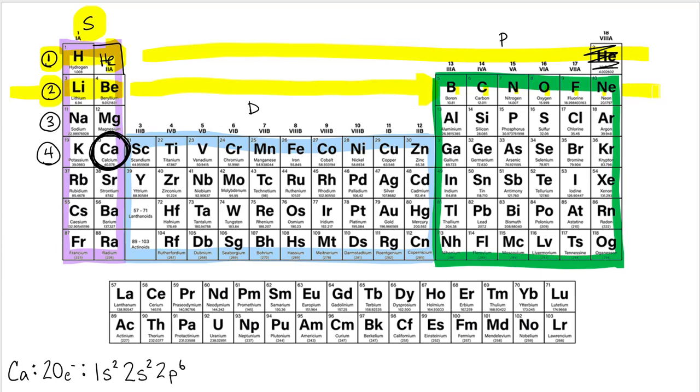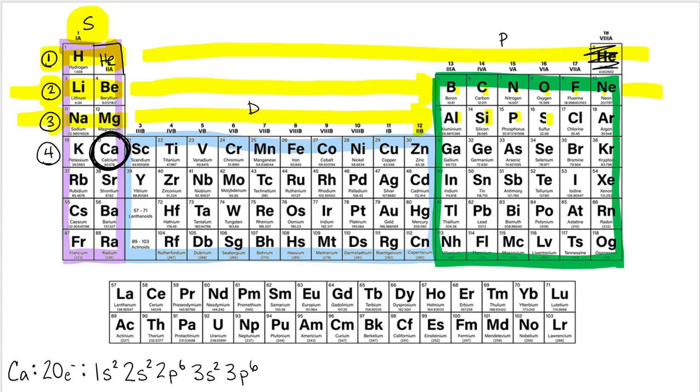Got to keep going. Come down here. This is period 3. 3s2 gets me to magnesium. Keep on trucking. I run into aluminum, which is in the 3p block.